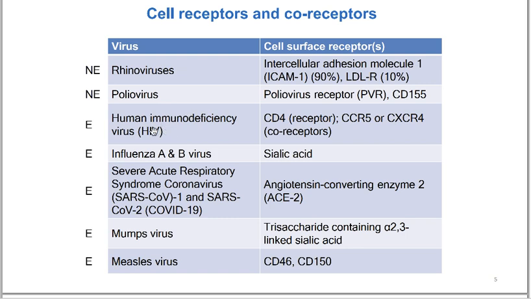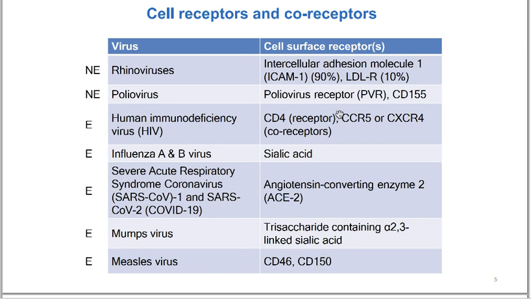For human immunodeficiency virus, an enveloped virus, you can find CD4 and CCR5, CXCR4 as co-receptors. For influenza you will get sialic acid. For SARS-CoV, you can see angiotensin converting enzyme 2, and for mumps virus you can see a trisaccharide containing sialic acid, and for measles you can see CD4.